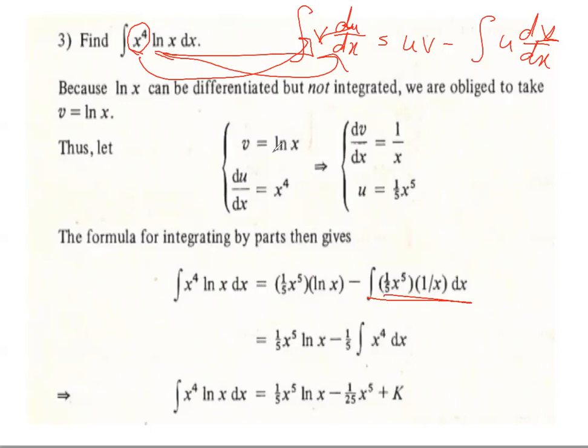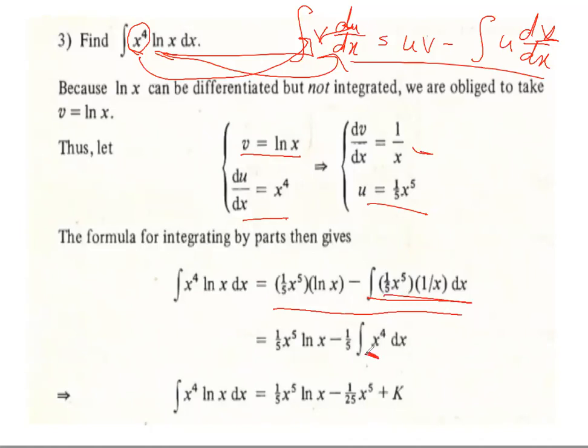So they made the substitution: v is this, so dv/dx is this. Then du/dx is this, and u is that. Good. We got u, v, du/dx, dv/dx, and we put all of them in this formula, the same formula here. And when you work through all this complication, look how nice it ends up.